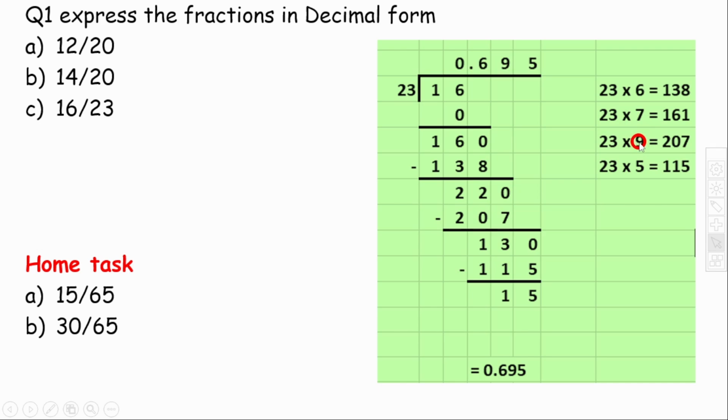So we use 9 because it is slightly under 220. You see, 207. So we write 9 here. 23 times 9 gives us 207. You now subtract.